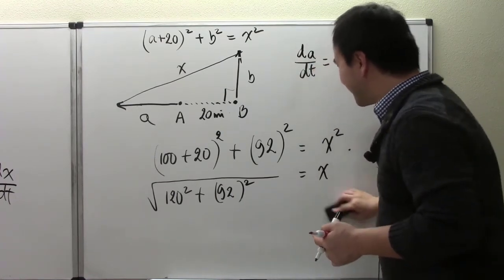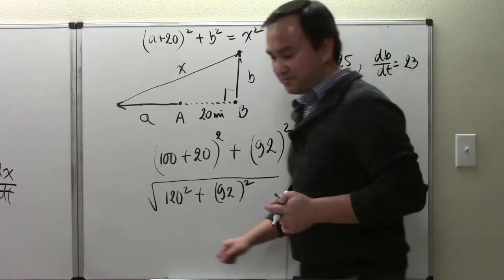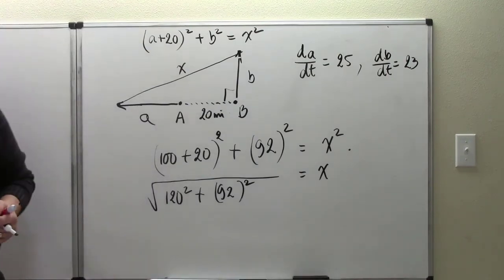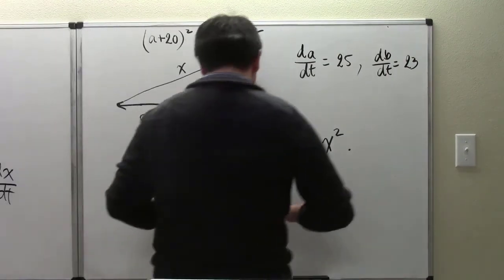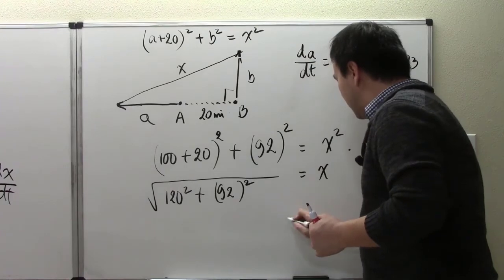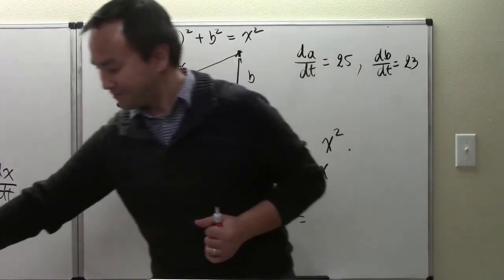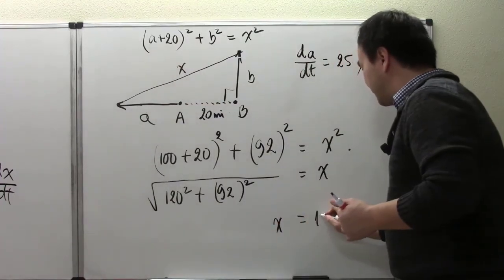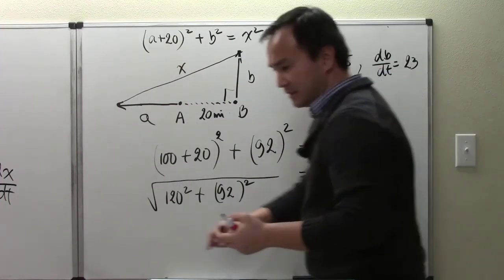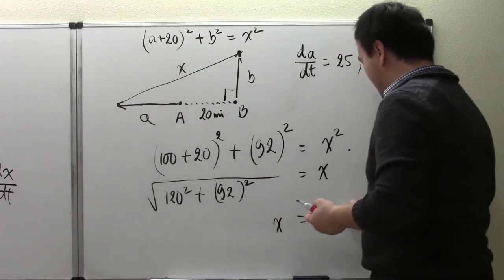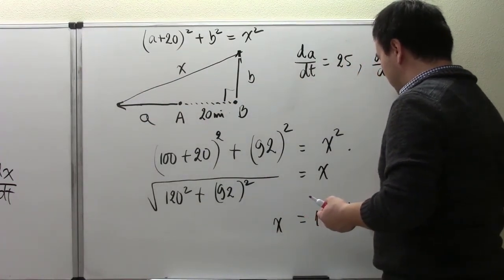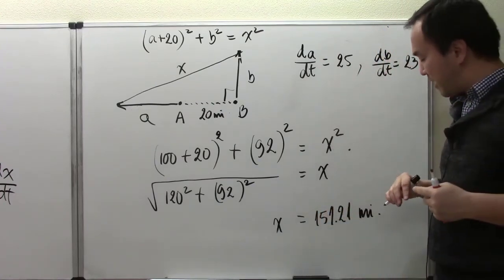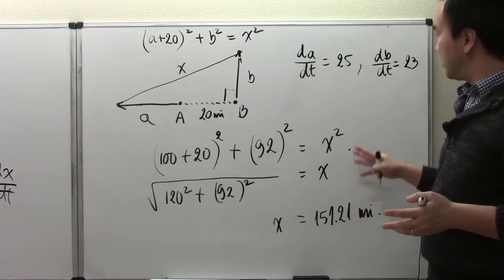My calculation shows x equals 151.21 nautical miles. For short, I'll just use miles, but of course, we're on the sea, so it's nautical miles. Okay, so now we have all the pieces we need.